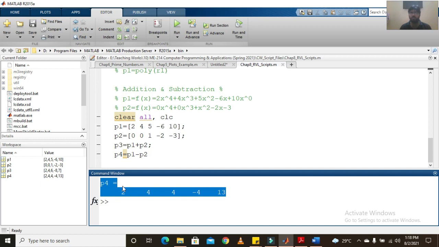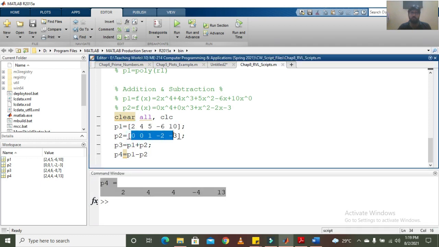The only thing which you must remember is that in order to carry out the addition and subtraction, the order of the polynomials must be the same. It means if polynomial 1 has 5 elements, then polynomial 2 should also have 5 elements. In case some polynomial does not contain a term, which in our case was x to the power 4 and x to the power 3, we will write it, but with the coefficient 0.